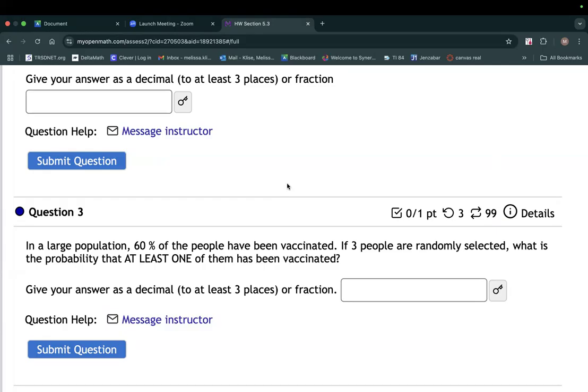You're going to need to take this 60% and subtract it from 100% first, because you need one minus the probability all three are unvaccinated. Does that make sense? Will it help if I write it out? Okay, I'm going to write it out, and then I'll pop over to my iPad.